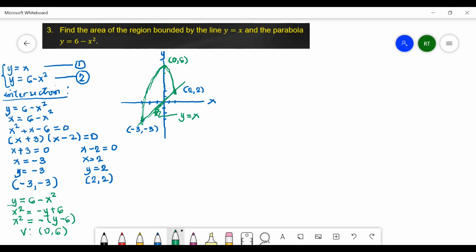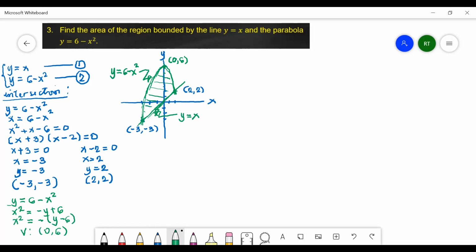And let us label this. We have the parabola whose equation is y is equal to 6 minus x squared. And we are interested in the area of this region, the shaded region.